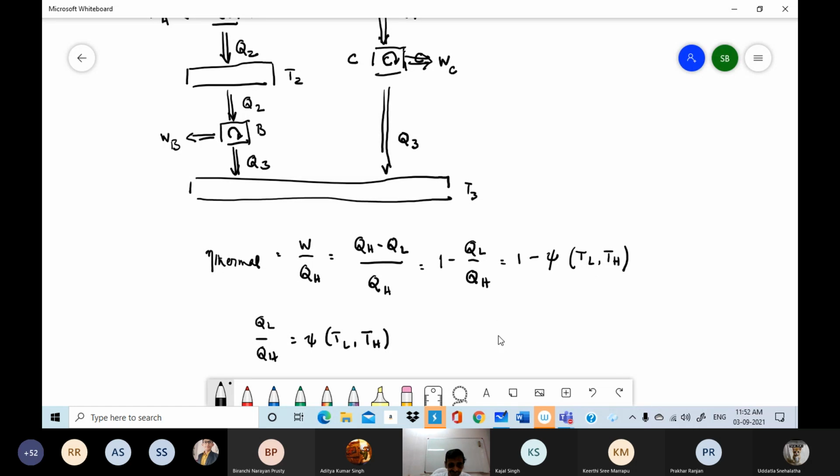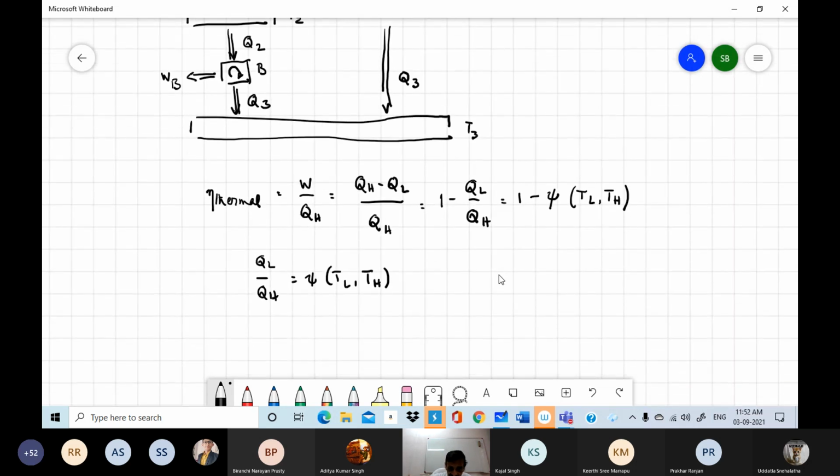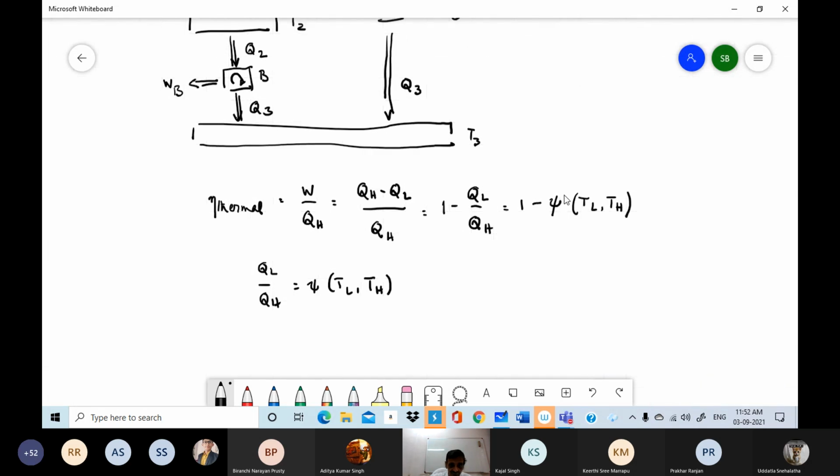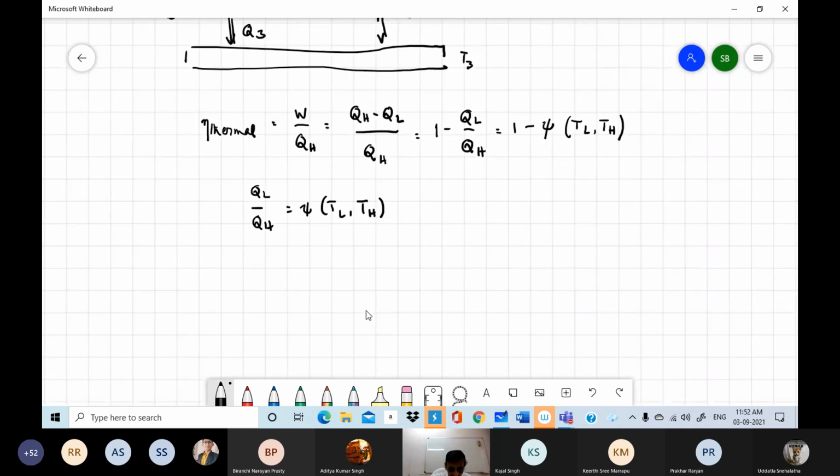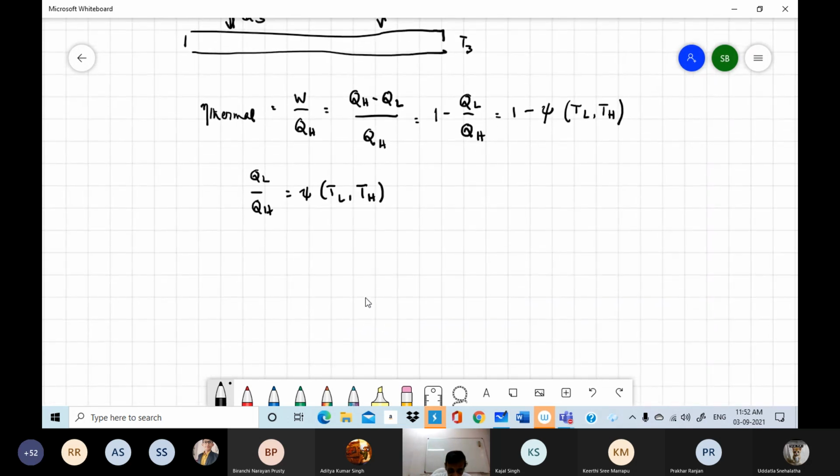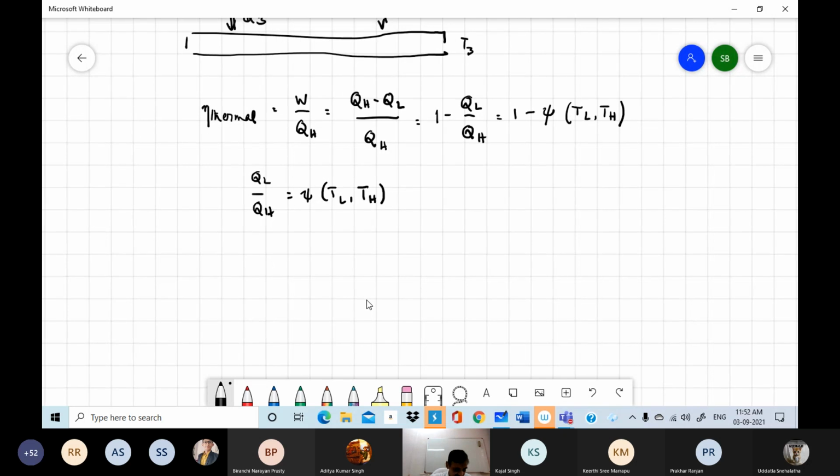That is all we know. Now, what it is, that is what we are trying to figure out. So whatever the function, the QL by QH is this arbitrary function of TL and TH, which we don't know what the function looks like. So we are trying to make out what that function looks like.